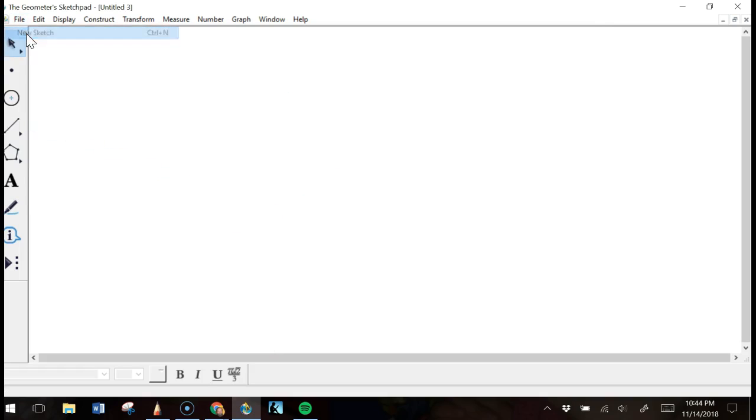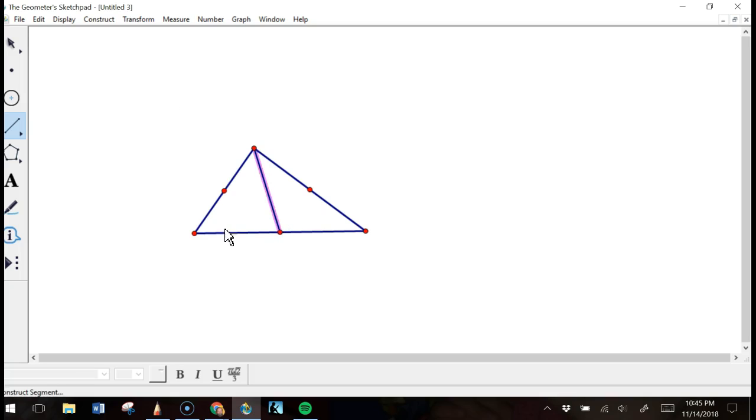Okay, so we have two more centers to look at. The next one is what's called the centroid. It's kind of a useful one. Earlier we just talked about making medians. Medians go through midpoints, so I'm going to construct the three midpoints here, and then build the three medians. So it goes from vertex to midpoint, vertex to midpoint, and vertex to midpoint.